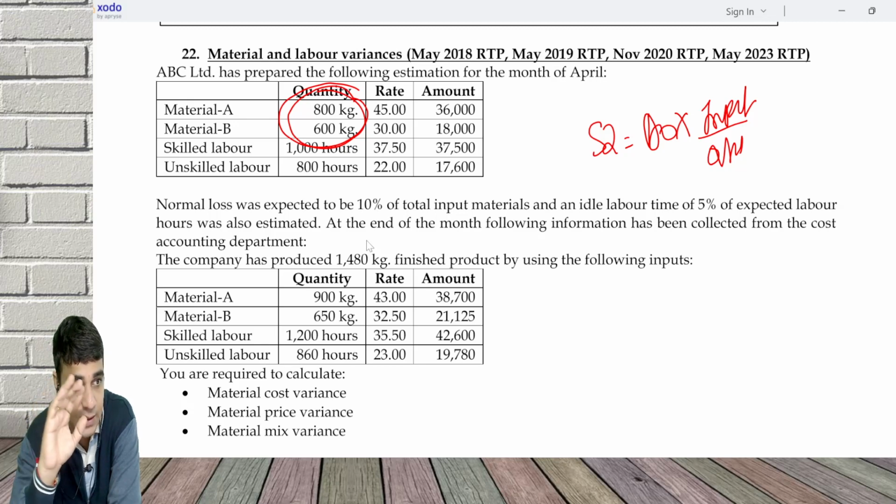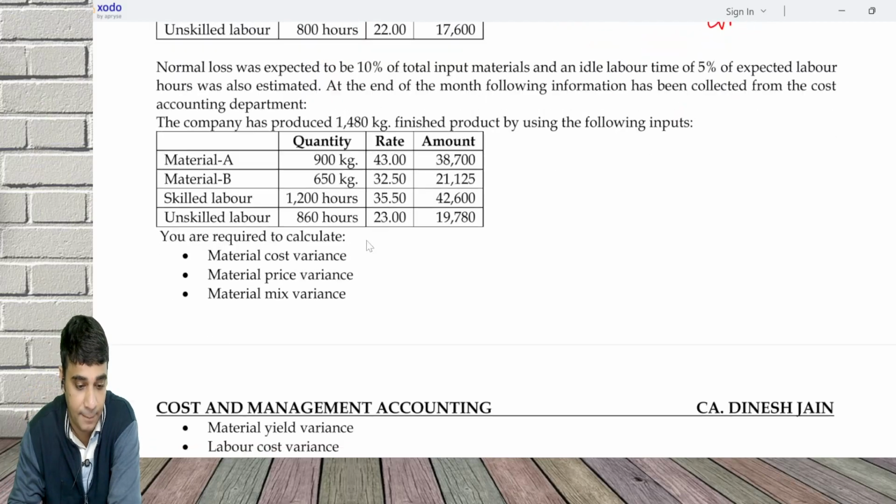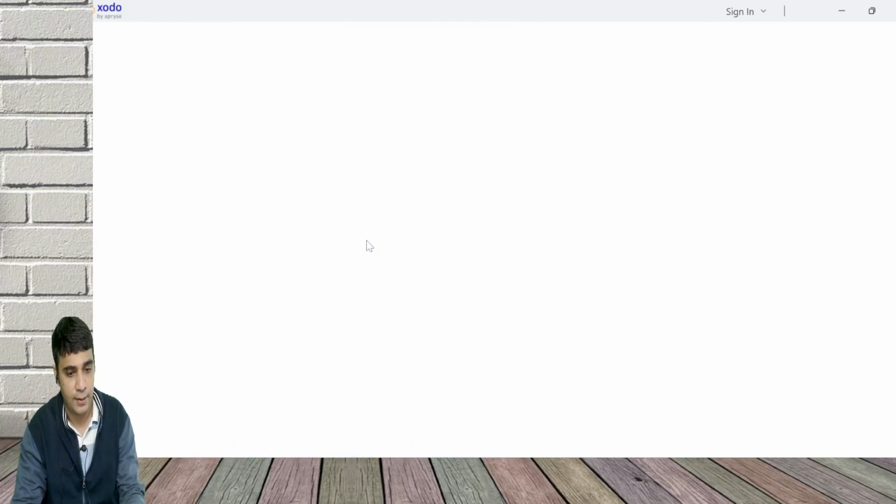Till 5% is not idle time. In this question, they have not told what is the actual idle time. Actual idle time data is not available in the question. Indirectly, this is a multiple labor without idle time problem, because it just says expected idle time. I'll show you one more question where, just give me.